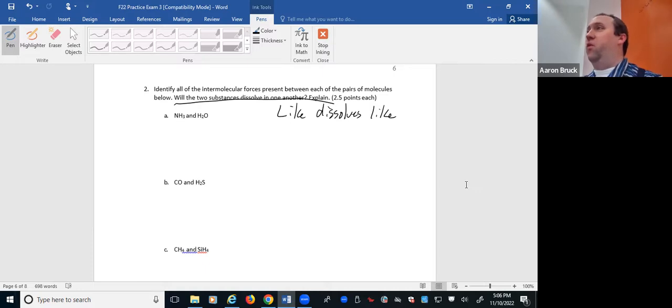What we're really looking for is, is there a clean mismatch? Is there a polar substance and a non-polar substance? If there is, then we know they won't dissolve. Otherwise, so long as they match at least nominally, they should dissolve in one another.